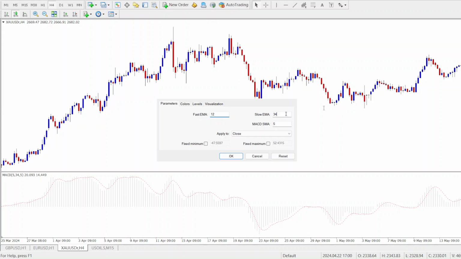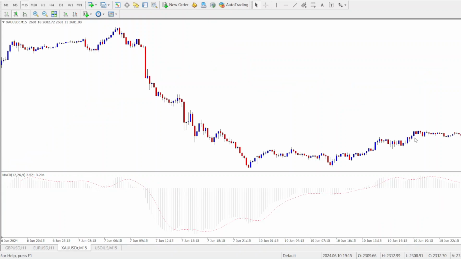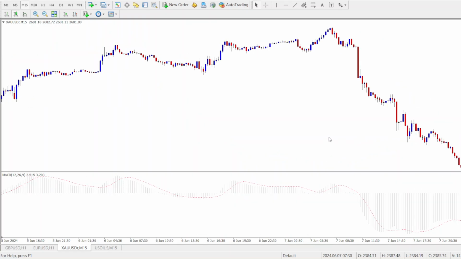For the slow EMA, we are going to use 26, and then we are going to use 9 for the signal. Now the MACD indicator is effective because it shows when the fast moving average crosses over the slow moving average, signaling a shift in momentum.